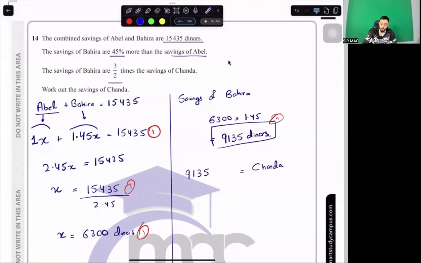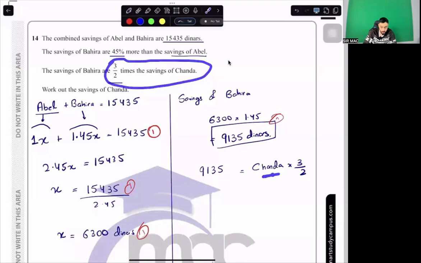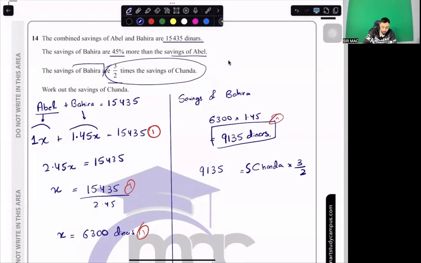So Chanda's savings times 3/2 is actually the savings of Bahira. That's a little bit of difficult English. The statement means this.